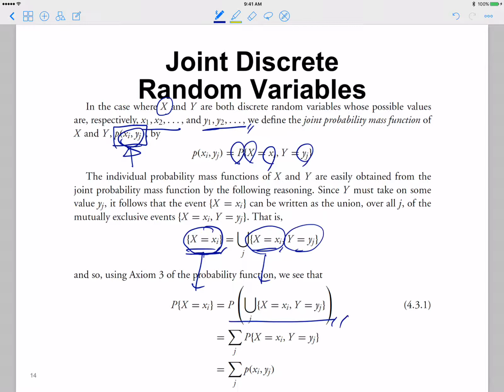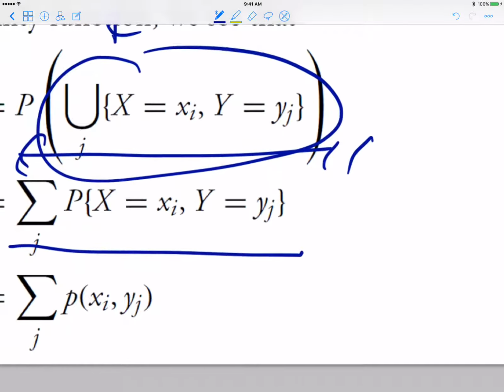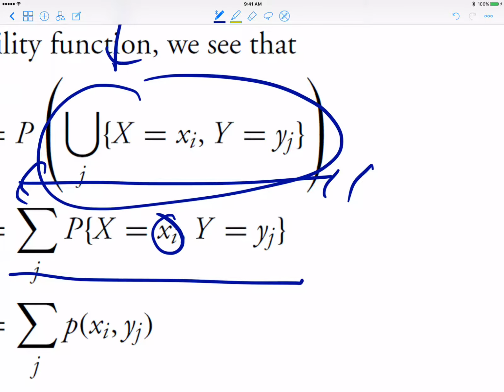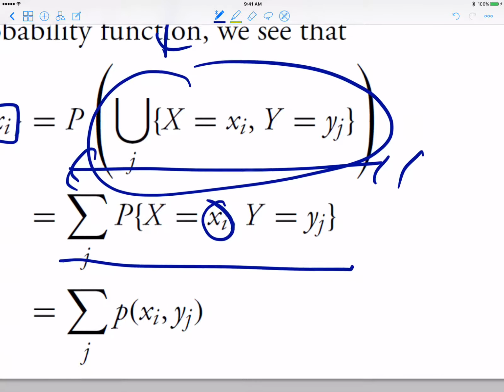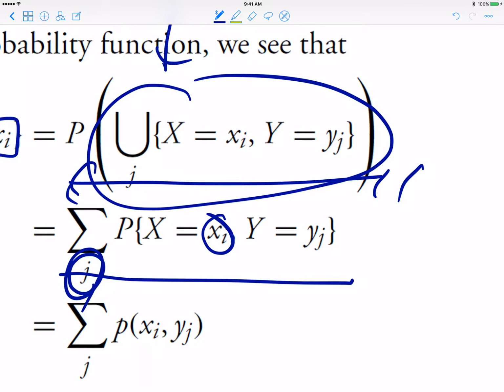And then this is converted into this form, which is just the sum of the probability of x being fixed as xi, which is our given value here, and then we consider all the possible y values, all the yj's.